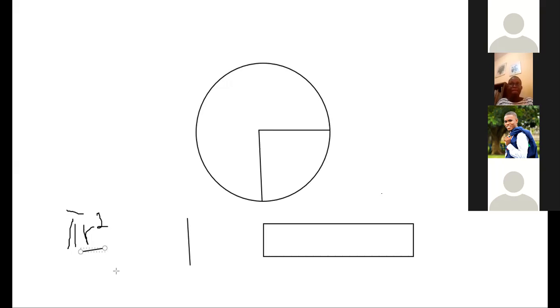I hope that's okay. Then we have to account for this curves here. This one is just a straight line, so you don't account for anything. But this one, they are curves. So you have to account for the curve, and that is what? The pi. That is the pi. Is that okay? That is the pi.